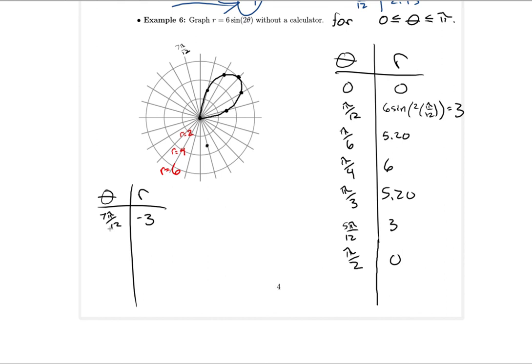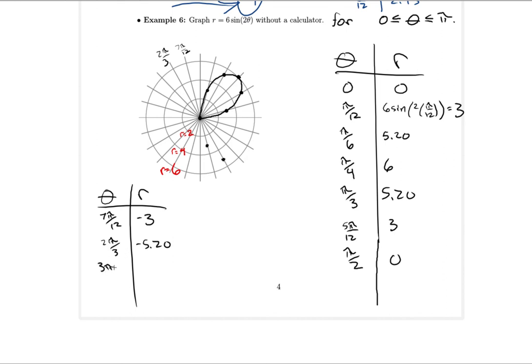When I go, let's see, 2 pi over 3, I get negative 5.20. So that means instead of going, here's 2 pi over 3 here, but instead of going 5.20 this way, I got to go back 180 degrees in the other direction this way, so it puts me there. And so you can kind of see what's happening here, right?